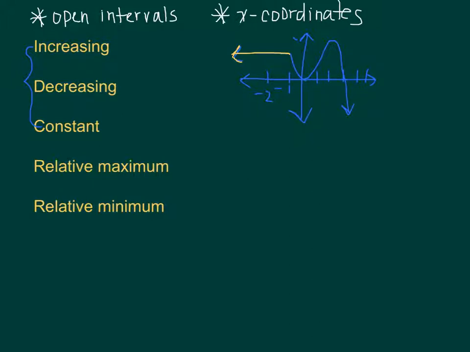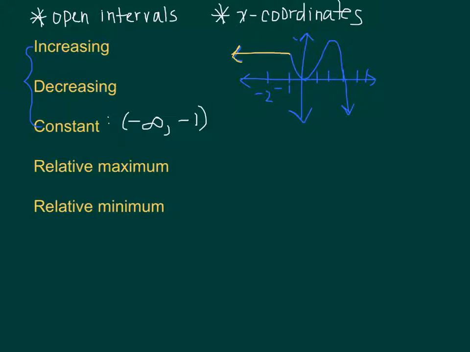When you describe where it's constant, you go left to right. You see this arrow on the end? That means negative infinity, because remember, we're only looking at the x-coordinates. So we would say it's constant from negative infinity, and then it stopped being constant at negative 1. No brackets, remember.